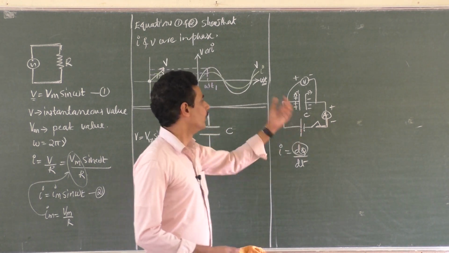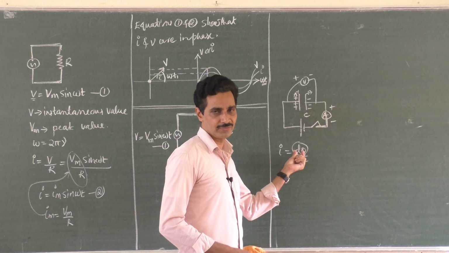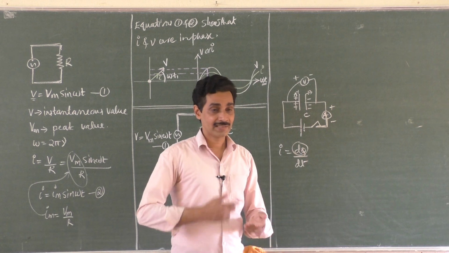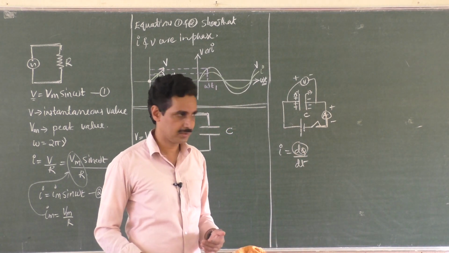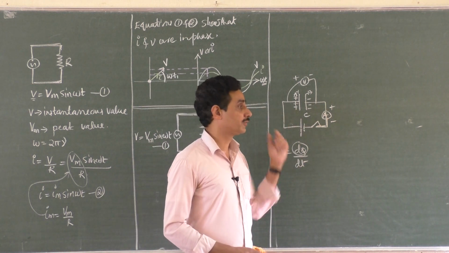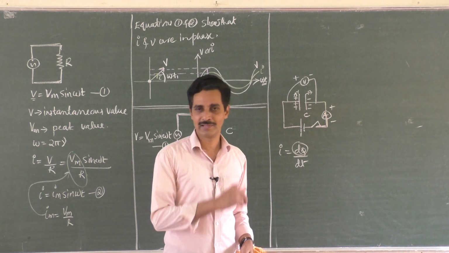In the beginning, more and more electrons will be flowing, meaning more and more amount of charge is flowing per second. As time passes, the battery finds it difficult to send the electrons from plate A to plate B. The amount of charge flowing from plate A to plate B goes on decreasing. That means current keeps on decreasing.